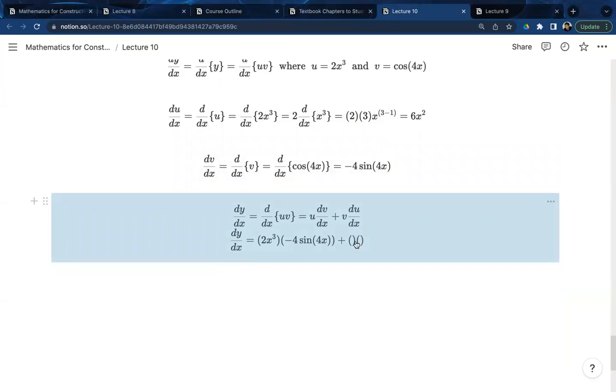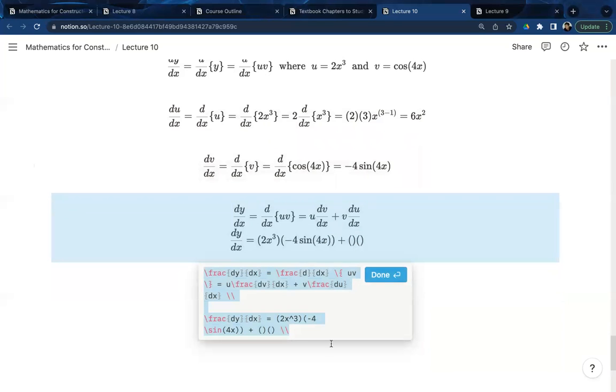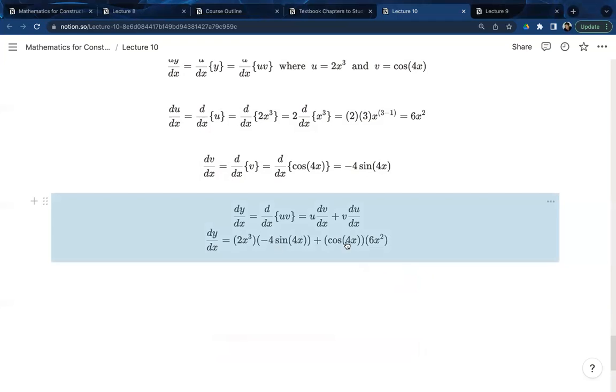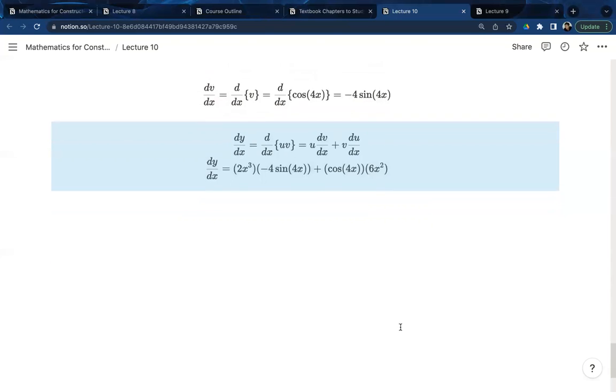What is v? v is cos 4x. And what is du dx? du dx is 6x squared. So then you multiply this now, and if you can factorize, you should factorize.